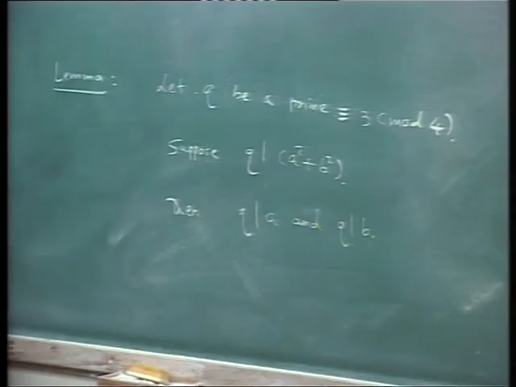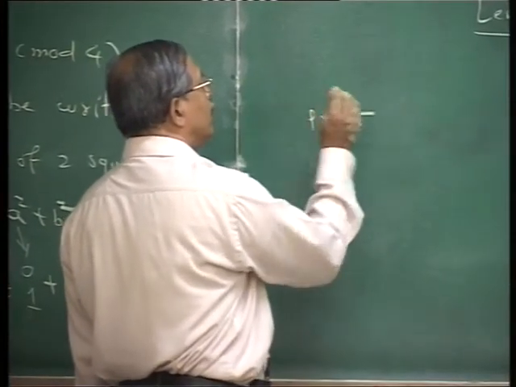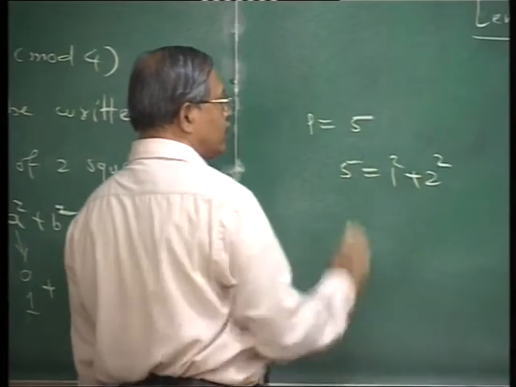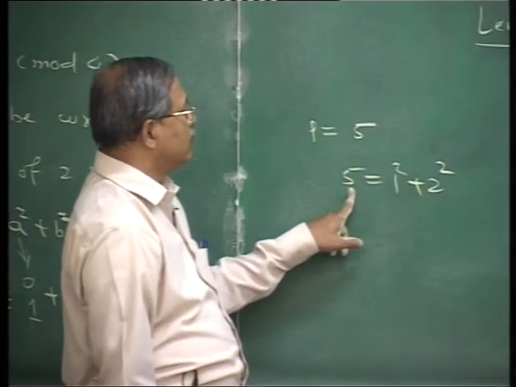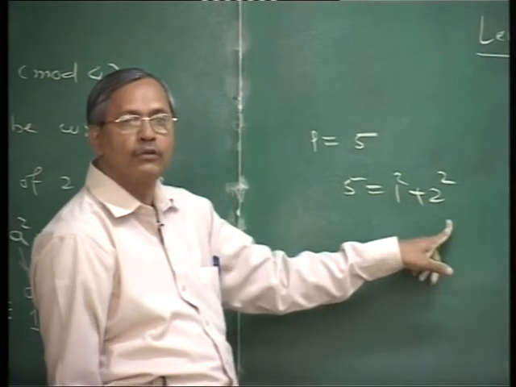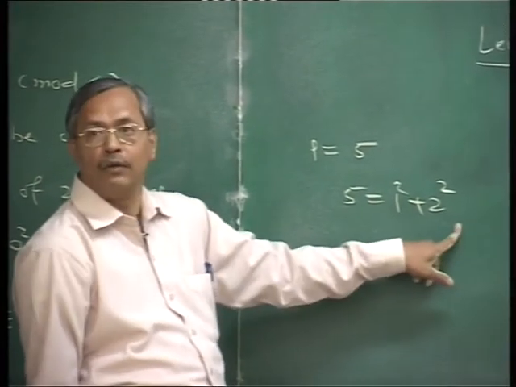Like, what happens for primes of the form 1 mod 4? See, if you just take p equal to 5, and 5 can be written as 1 square plus 2 square. So 5 divides the sum of these two, 5 is exactly equal to it, so it divides. But it doesn't divide 1 and it doesn't divide 2.